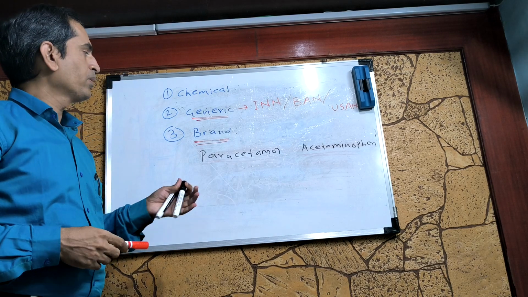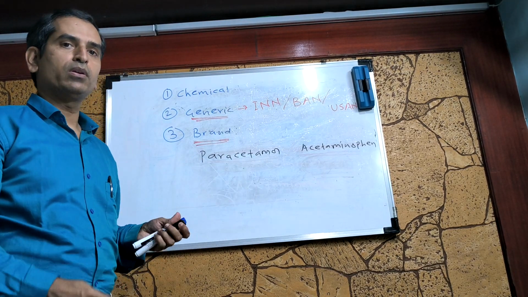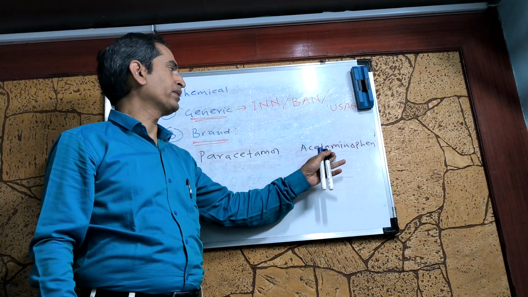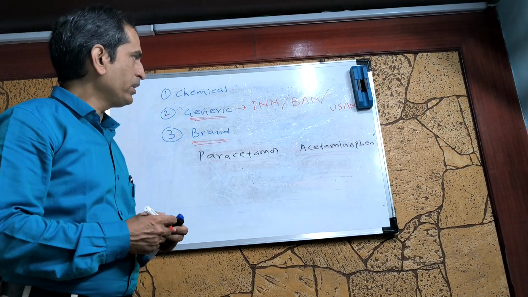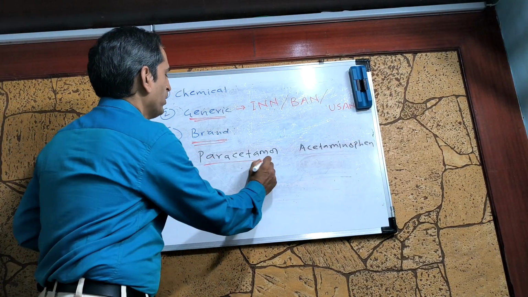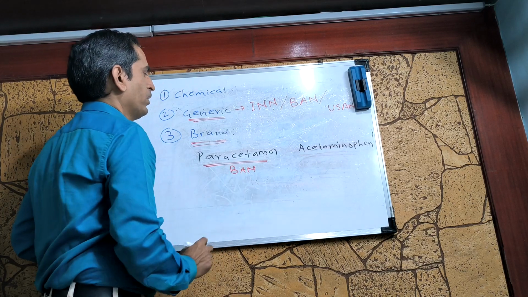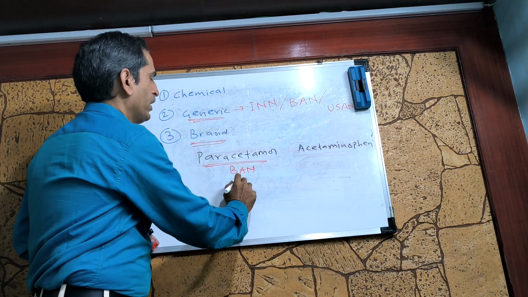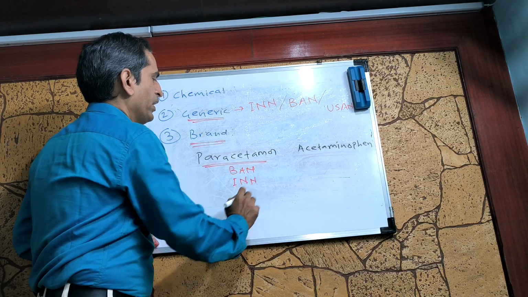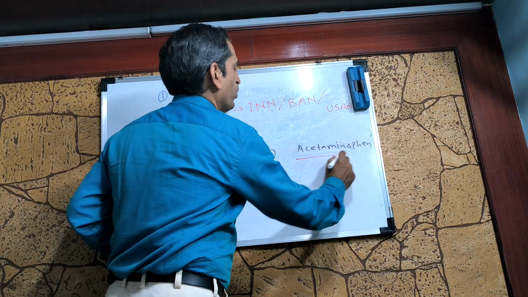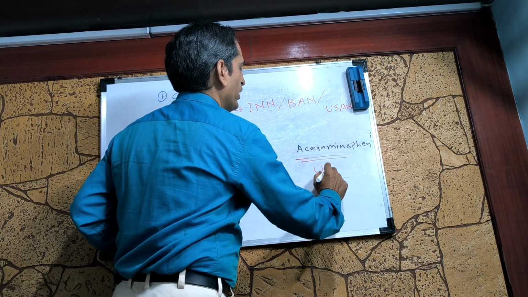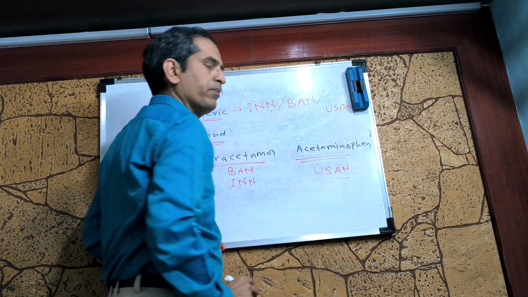Now why do some books mention paracetamol, while elsewhere you read acetaminophen? The reason is that paracetamol is the British approved name and the international non-proprietary name, whereas acetaminophen is the United States adopted name.